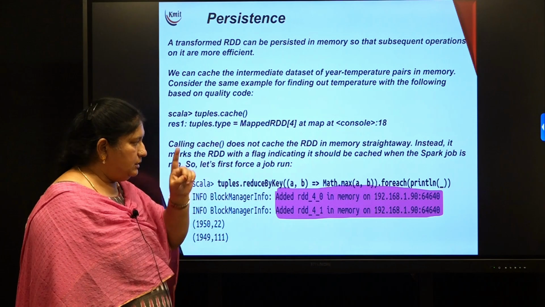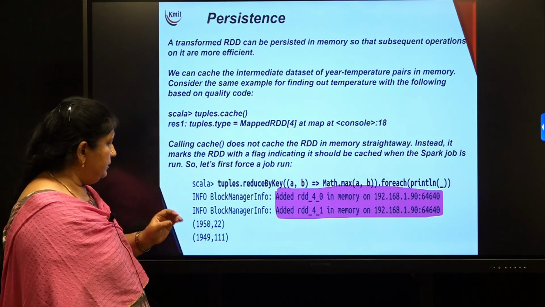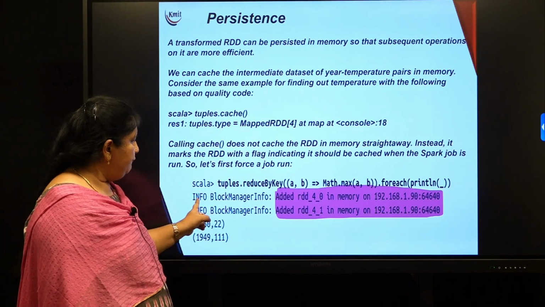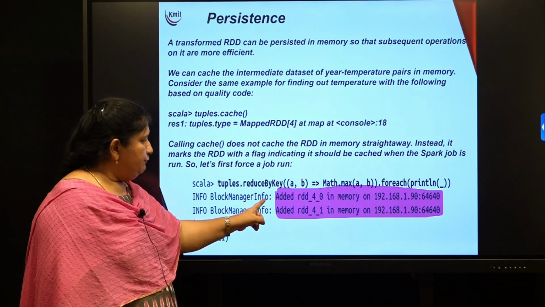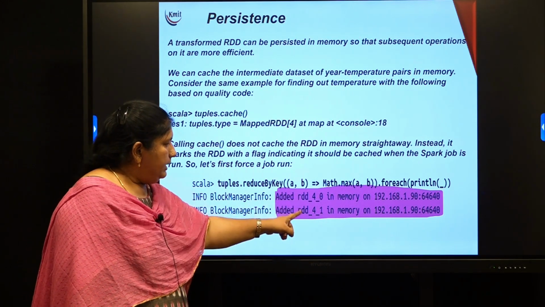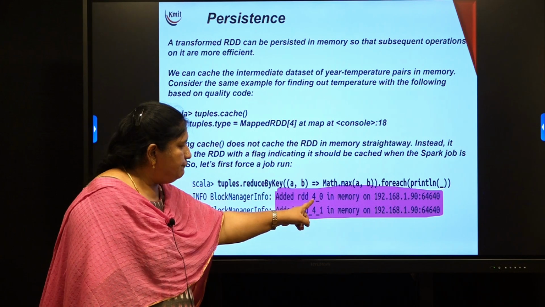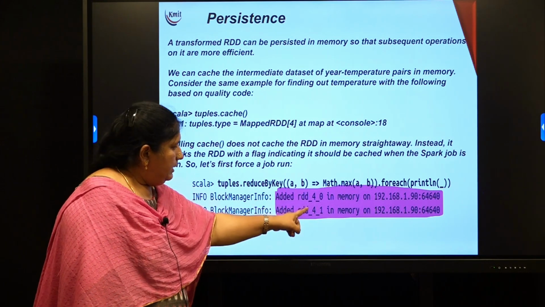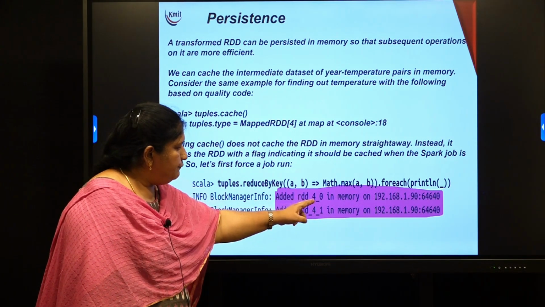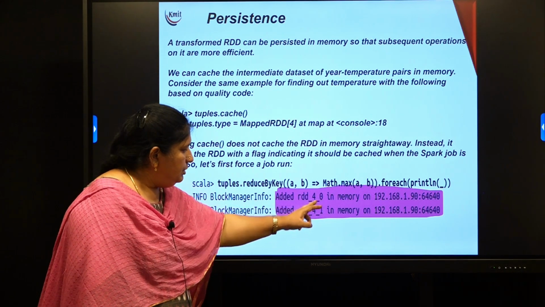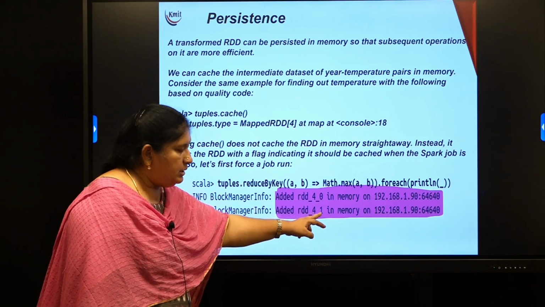After finishing the work, if you observe, it will show info, block manager info, added the RDD into which memory location? Fourth location. The first one is showing fourth location under 0, the second one fourth location under 1.